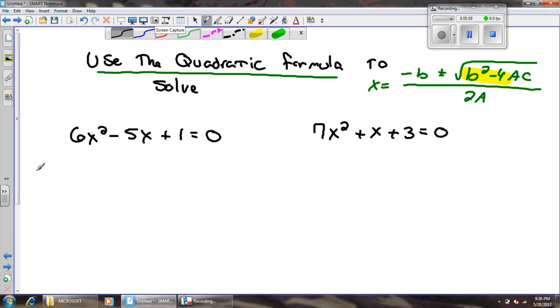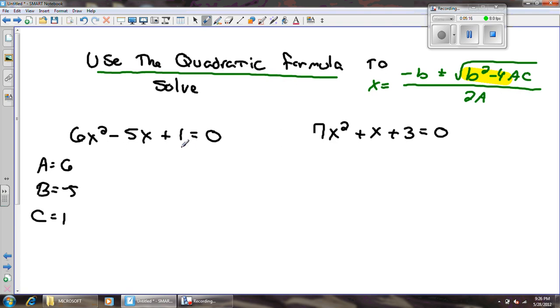So let me see here. A is 6, b is negative 5, and c is 1. All right, so b squared is going to be 25 minus 4 times 6 times 1, which is 25 minus 24. So the b squared minus 4ac part comes to be 1.